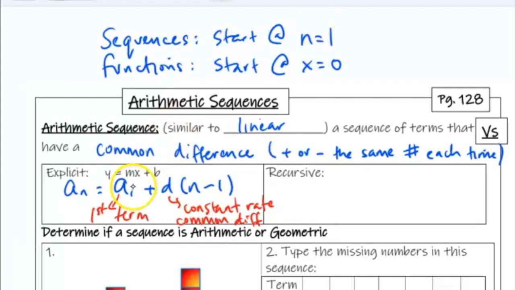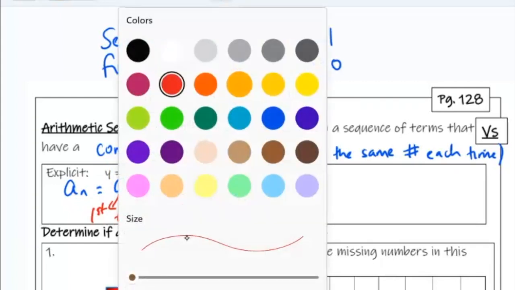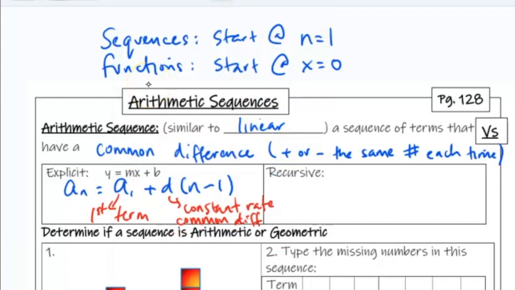Let me make the connection between linear and arithmetic, which I told you are similar. Remember, m is my constant rate of change, and I just said that the common difference and the constant rate of change is called d. So I'm going to draw an arrow from m to d. In sequences, your d is your m, your slope. Your b is where you start from.